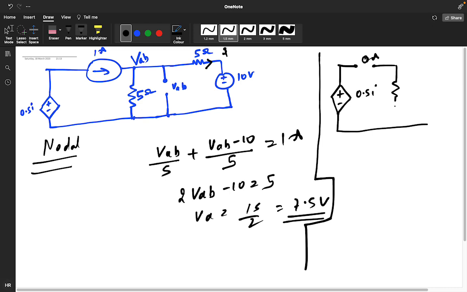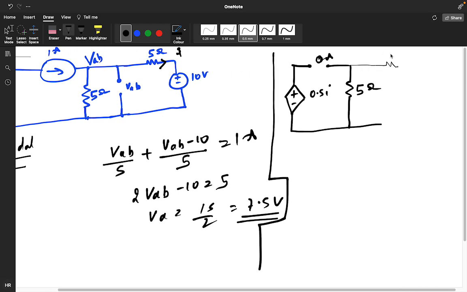This will be 5 ohm, this will be 5 ohm, and here it's given as positive, negative. So your dependent source will get eliminated. This will be 5 ohm only, and this circuit will get short circuited, because in Thevenin's, if the voltage source is there, it gets short circuited.